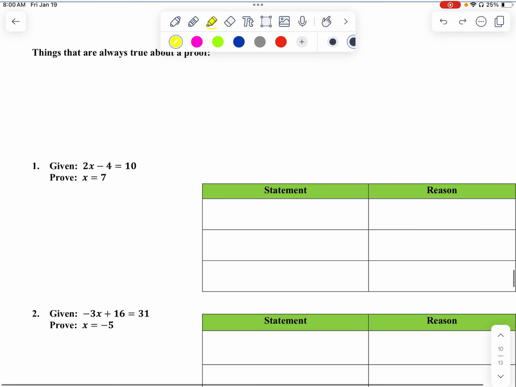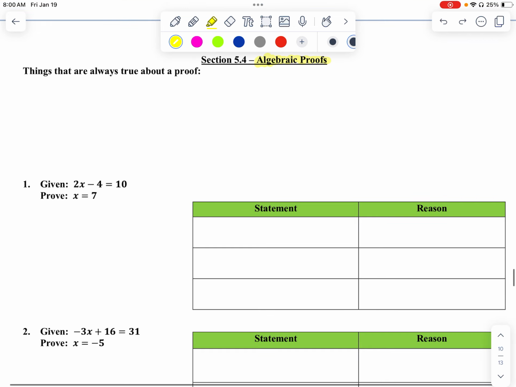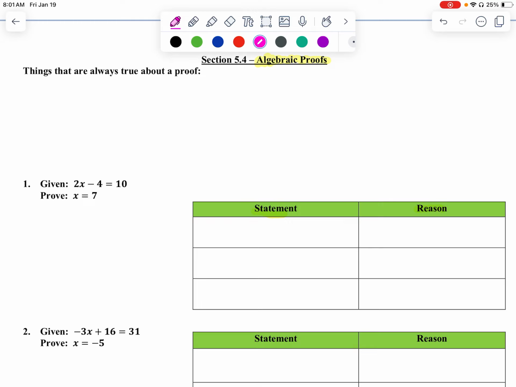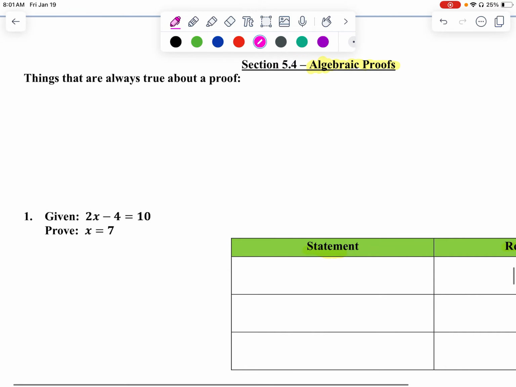And these problems that we're going to be working on are really going to be very familiar. All we're going to be doing is adding in this statement and reason box to explain what we're doing as we are doing it. So before we get started, there are two really big things that we always know are true about a proof. The first is that they start with the given. This is really important because this given statement is something that is always going to be true with your proofs.